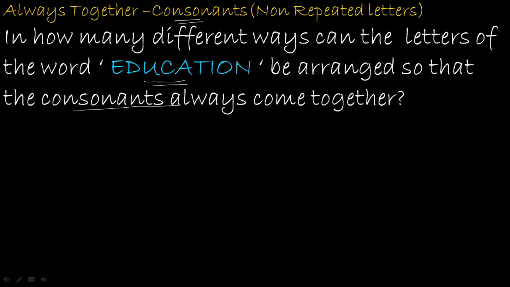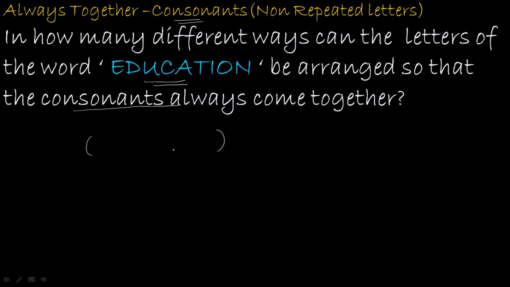In case of vowels coming together, we have to treat all the vowels as only one letter, that is, we combine the vowels as one letter and proceed. Here we do the contrary, we just club the consonants as one letter and proceed as usual. Now look at the word education. First let me write down the vowels, then it will be easy for me to write down the consonants.